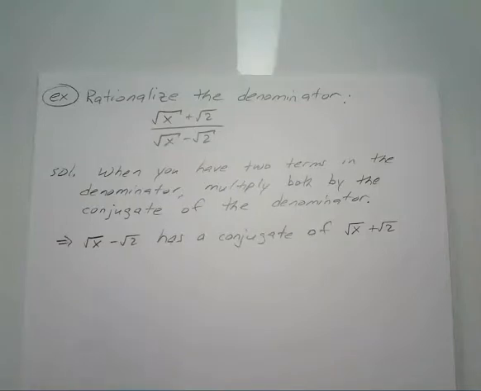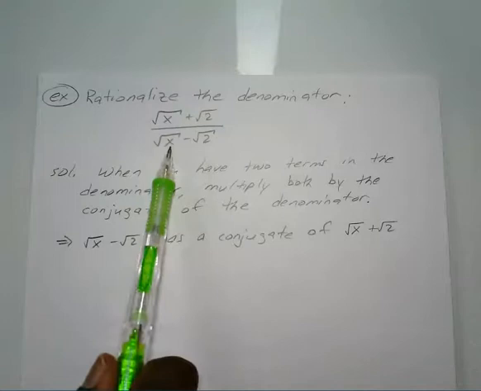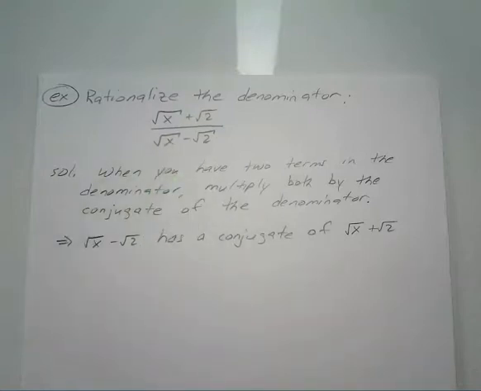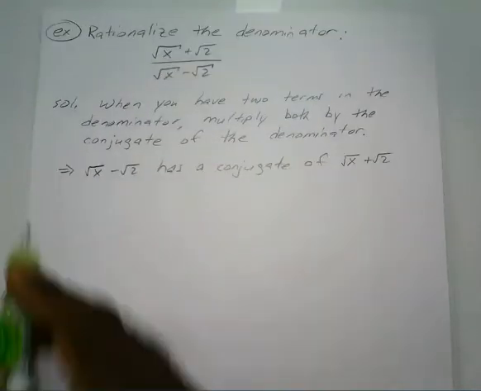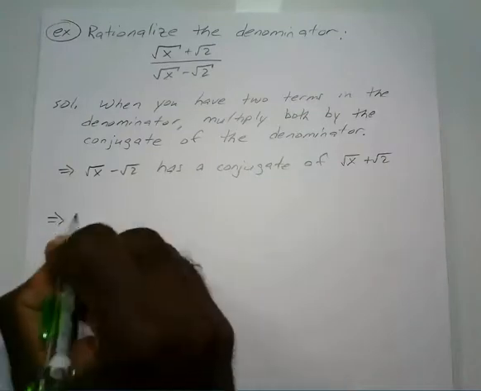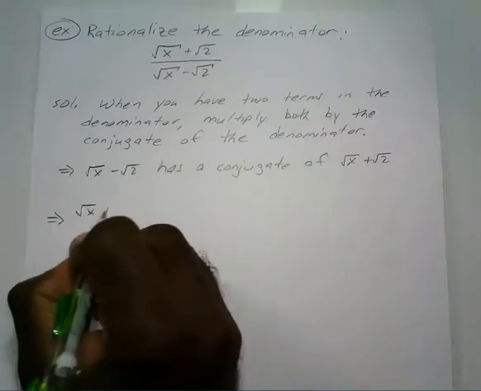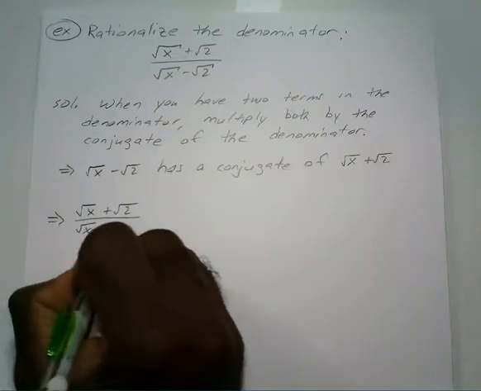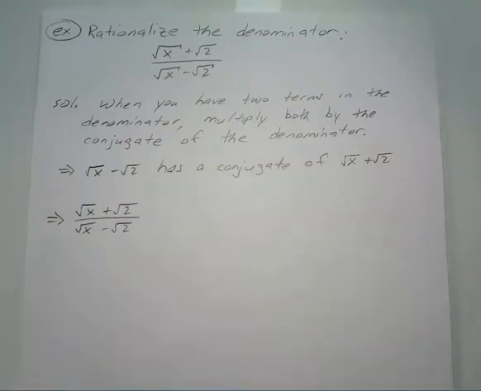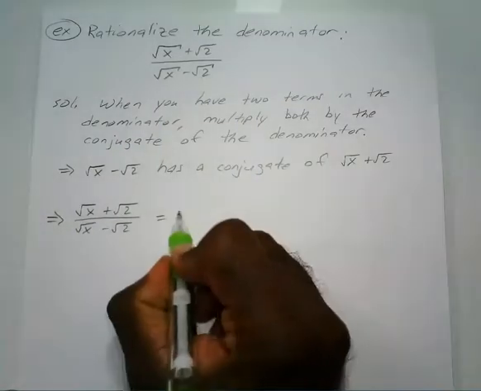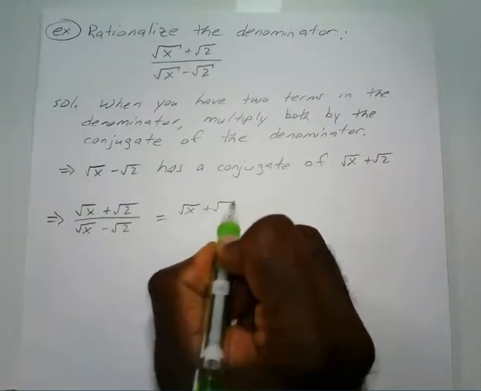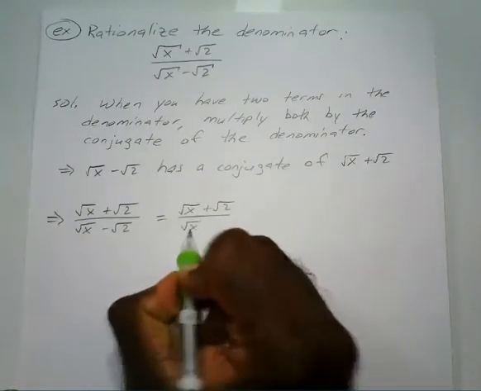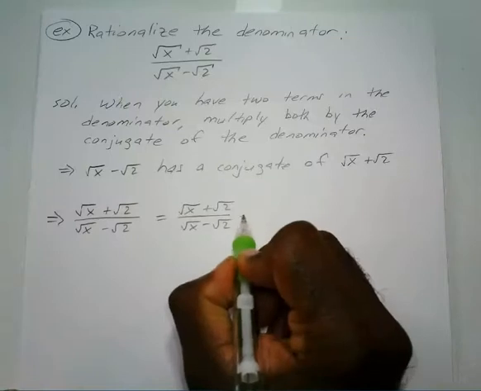Alright, so we're going to go step by step on how to solve it when you have two terms in your denominator. If we start off with square root of x plus square root of 2 over square root of x minus square root of 2, first thing we're going to do is multiply it.